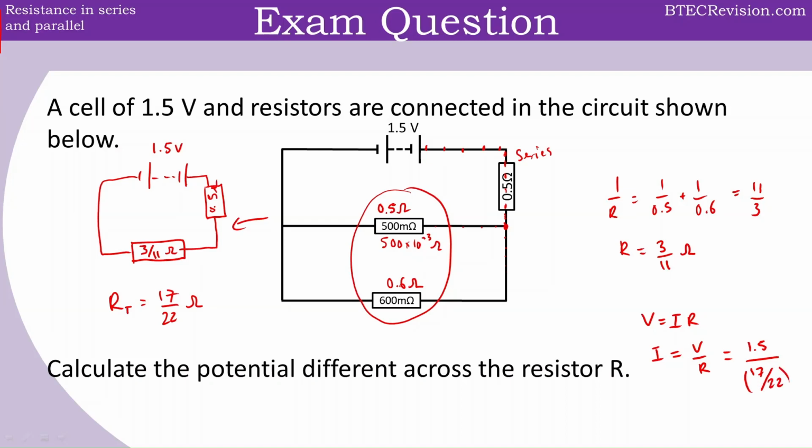So 1.5 divided by our previous answer gives us a value of 33 over 17 amps, which is equal to 1.94 amps.